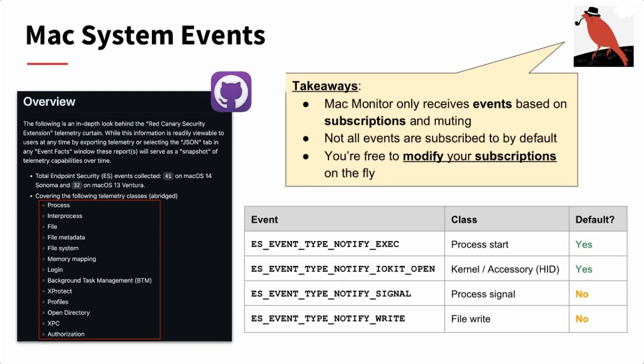And if we look at the table below that, you'll notice that not all these events are subscribed by default, right? So for example, exec events are, but notify signal events, when a process signals something else, are not subscribed by default just because they're a little bit noisy. I didn't have enough of an opportunity yet to apply a really nice mute set to that.